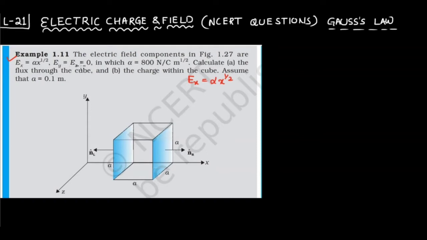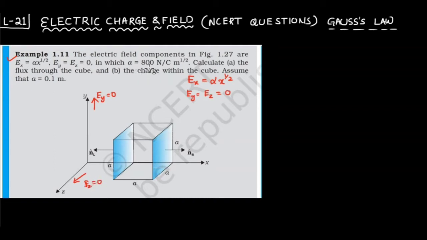Ey is equal to Ez is equal to 0. So there is no component of electric field along the y axis as well as along the z axis. So along the y axis there is no electric field and along the z axis there is no electric field.